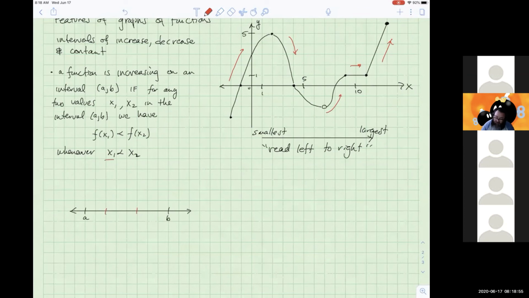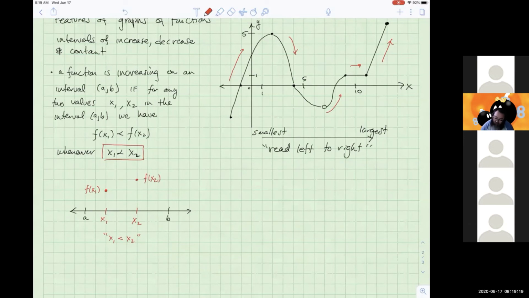And this says here, whenever x1 is less than x2, so that means x1 is on the left and x2 is on the right, then whatever the y values are that go with it, maybe that's f of x1, and f of x2 needs to be larger than it.